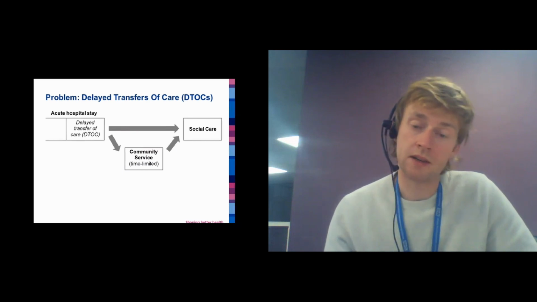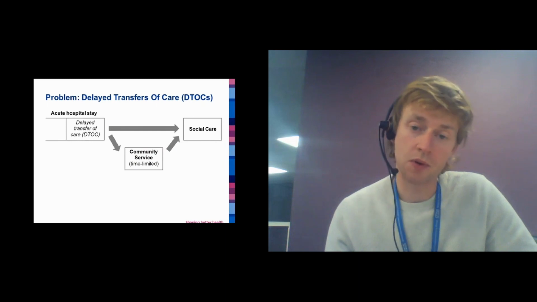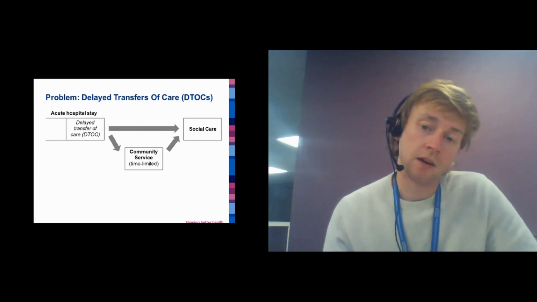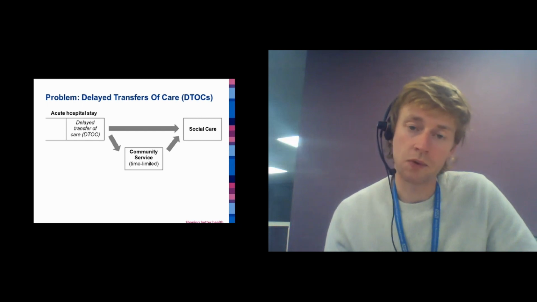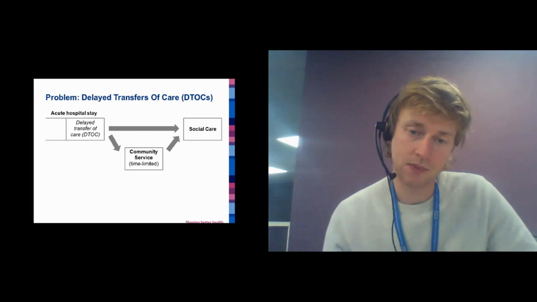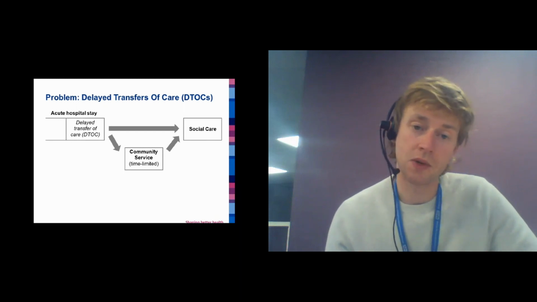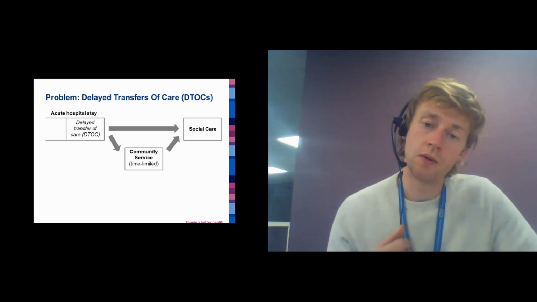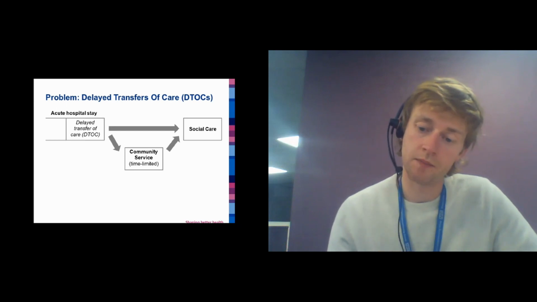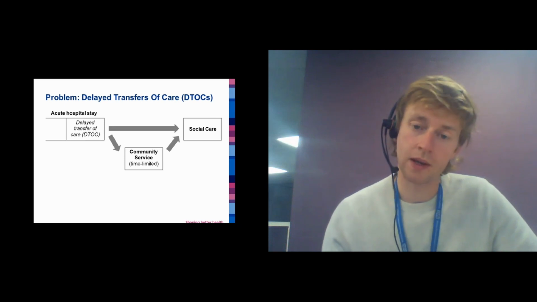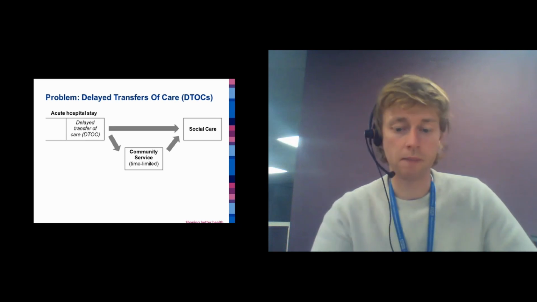Principally, it's an issue of downstream capacity, available capacity, in either the community or social care setting when we're talking about complex discharges. That's typically older patients who have had a non-elective admission to an acute hospital, and it is not always easy to discharge them promptly into the remainder of their pathway.